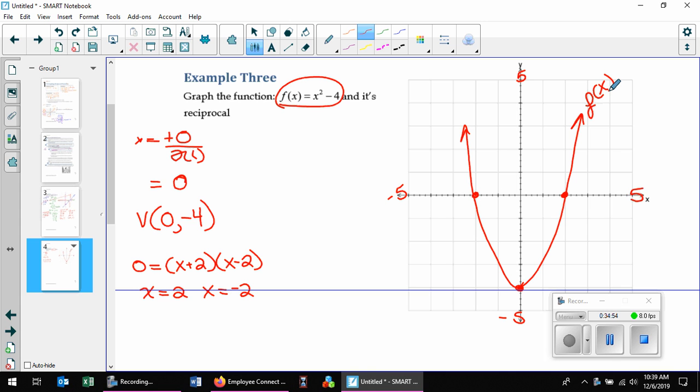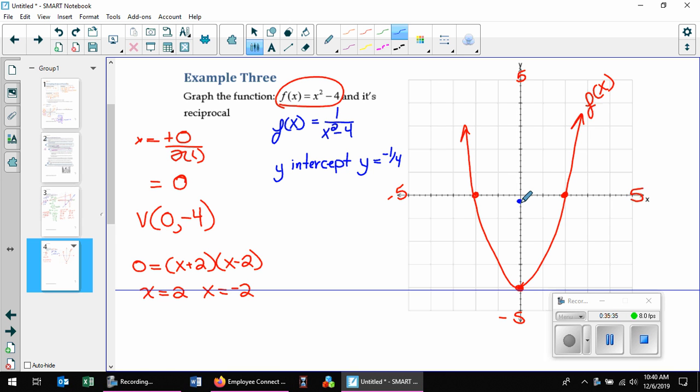You guys ready for the second? And where is my y-intercept? Maybe a quarter. You guys agree with me? Okay, where are my vertical asymptotes?